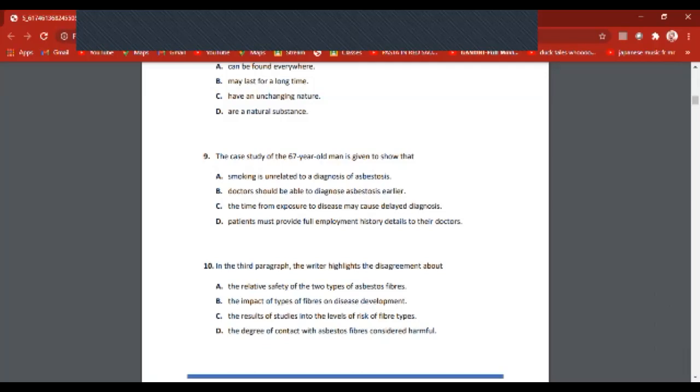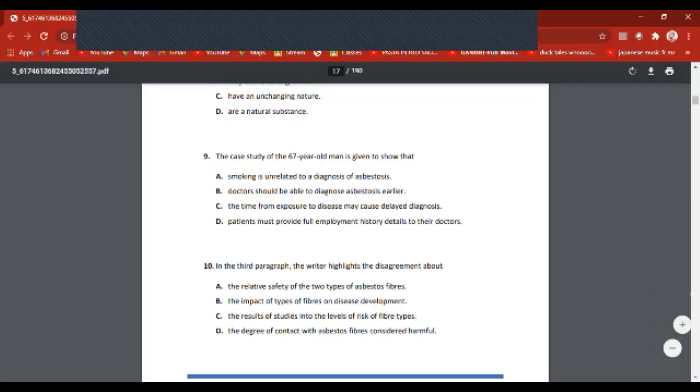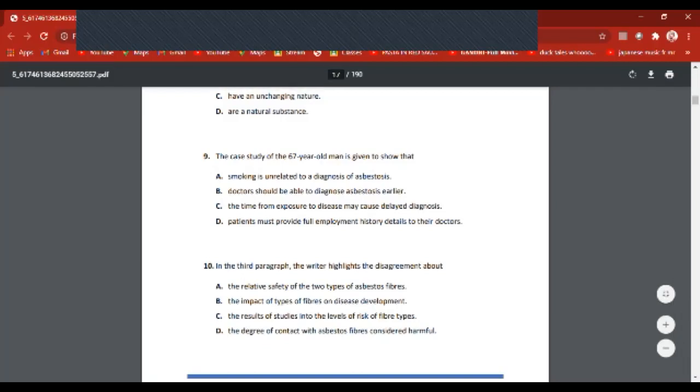Third, the time from exposure to disease may cause delayed diagnosis. So the third is about the time from the day exposure to asbestos started, which may cause delayed diagnosis.